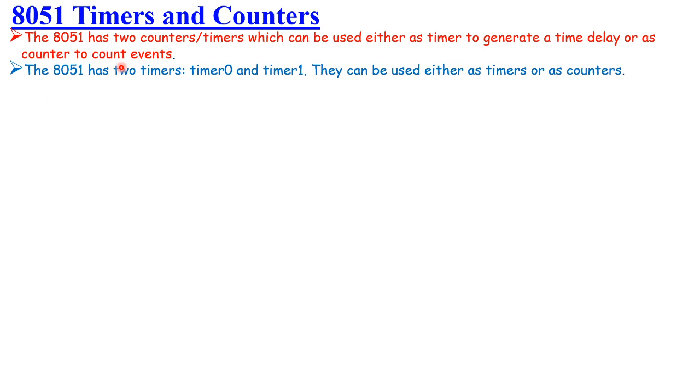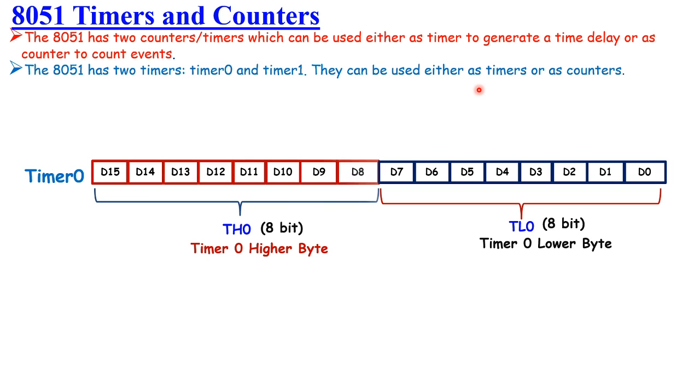The 8051 has 2 timers, timer 0 and timer 1, and they can be used either as timers or as counters. Now how is it?